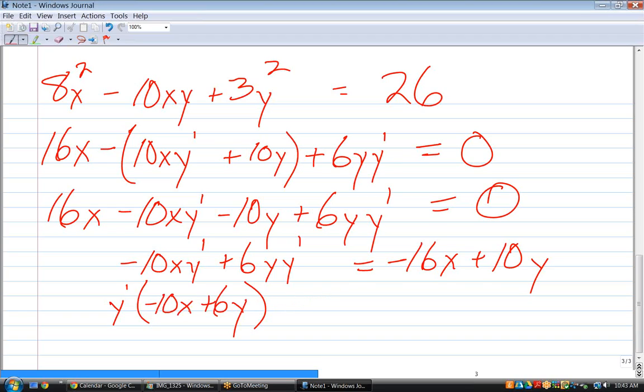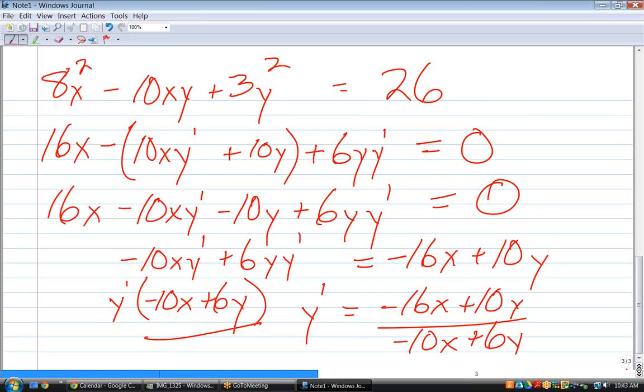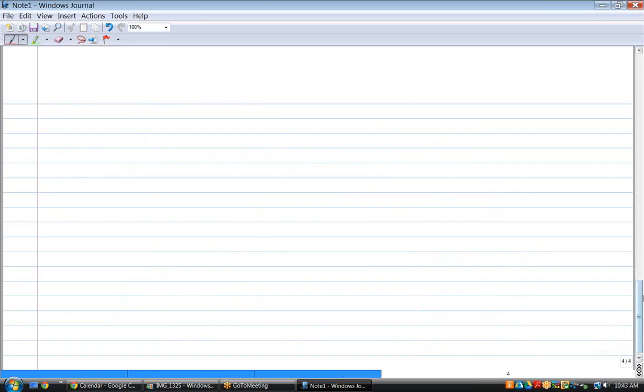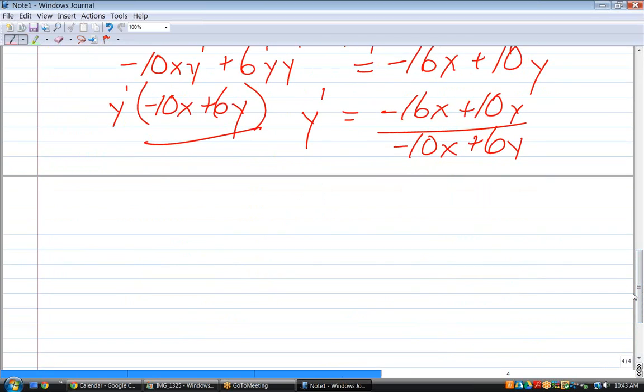Now we're to a point where we can divide everything by that. So we end up with y prime equals minus 16x plus 10y, all divided by minus 10x plus 6y. And that can be reduced a little bit. I guess I can divide everything by 2.